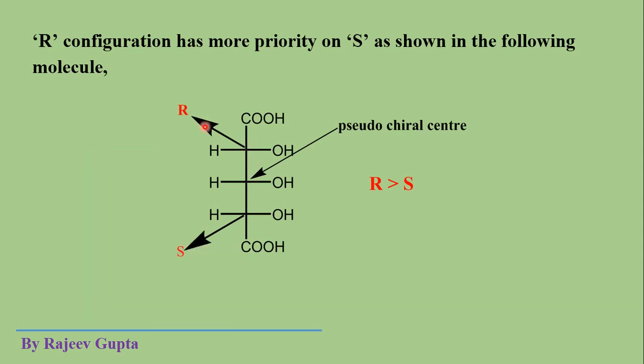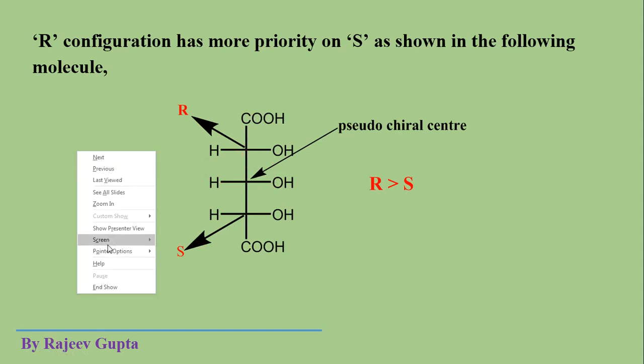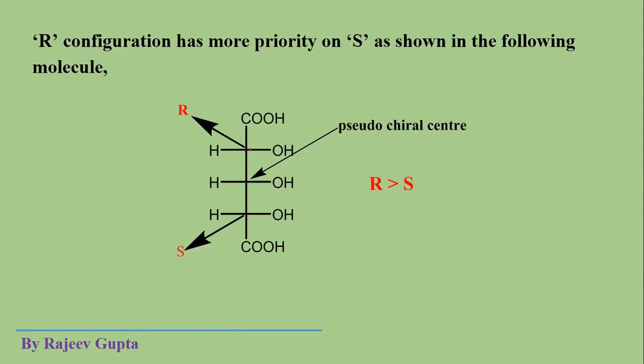This is an example of a Fischer projection where this carbon atom is a chiral carbon because the hydrogen group, hydroxyl group, carboxylic group, and this complete group are different. All 4 groups are different, so this carbon atom is a chiral carbon. This carbon atom is a chiral carbon atom, and again this carbon atom is also a chiral carbon atom.